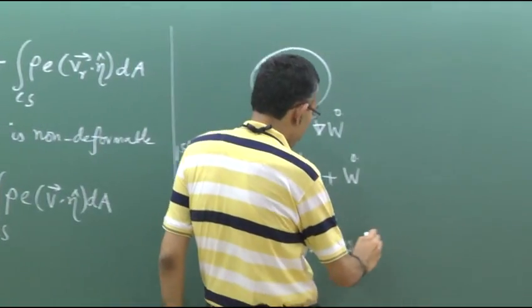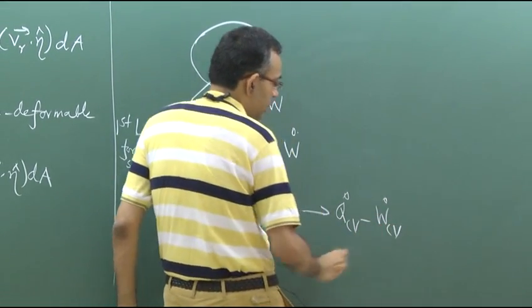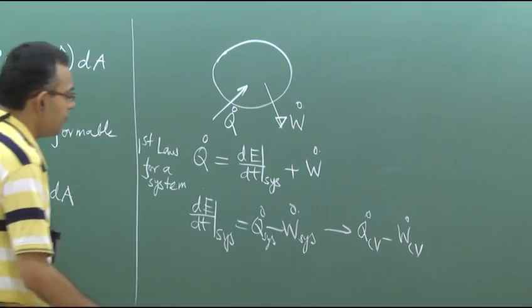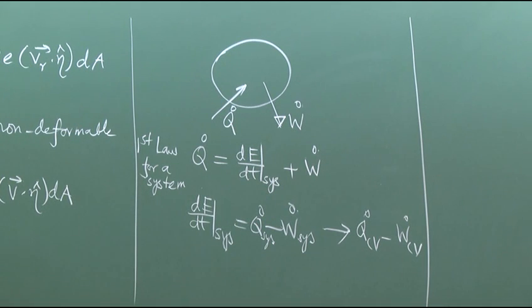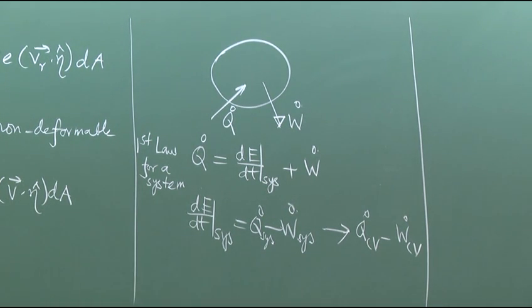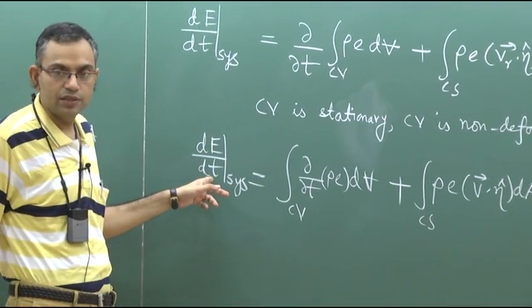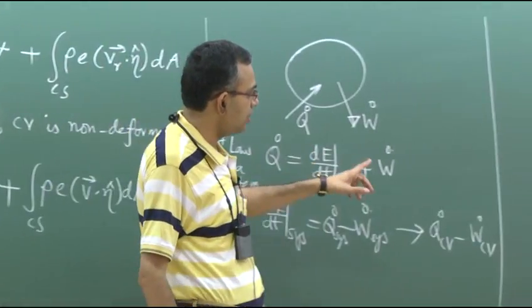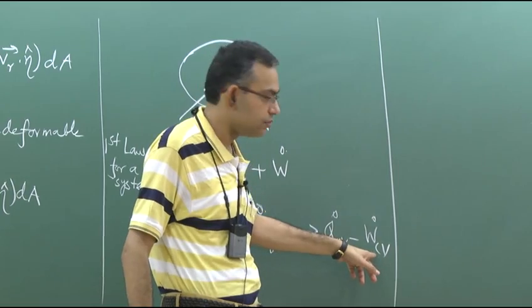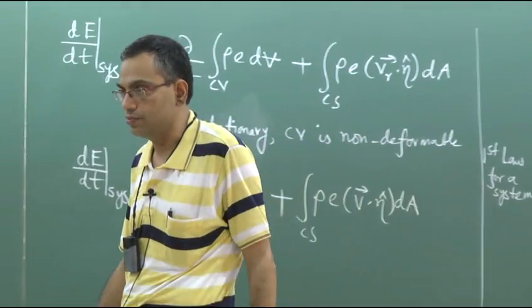Therefore, this will tend to Q dot Cv minus W dot Cv, where Cv stands for the control volume. So here in the left hand side we have expressed it in terms of the heat transfer and the work done. Next, our objective will be to write the expressions for heat transfer and work done.